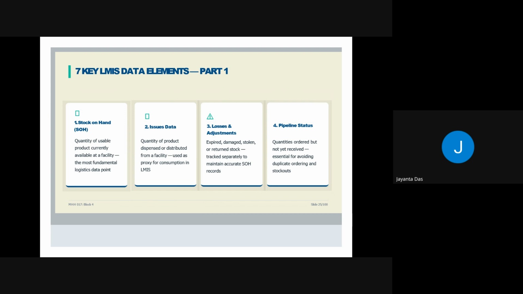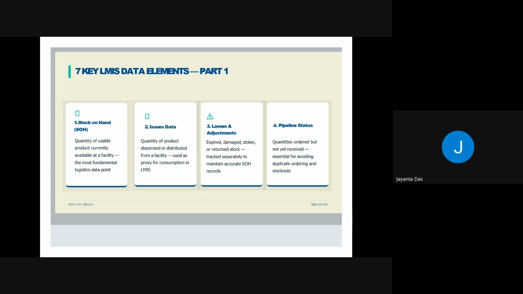Hence there are 7 key LMIS data elements. These are: stock in hand, that is the quantity of usable product currently available at a facility, the most fundamental logistics data point. Second is issues data, that is the quantity of product dispensed or distributed from a facility, used as a proxy for consumption in LMIS.